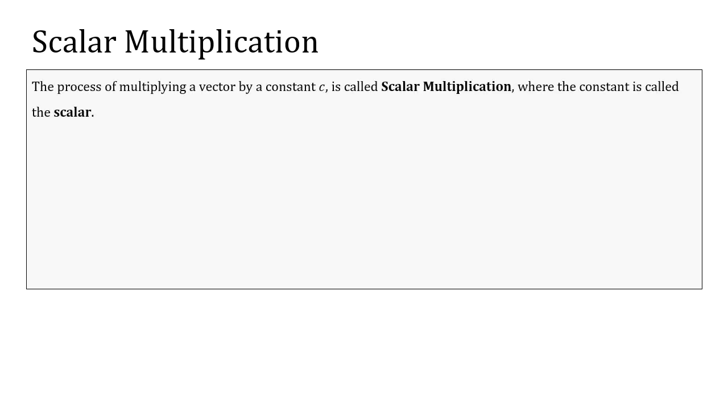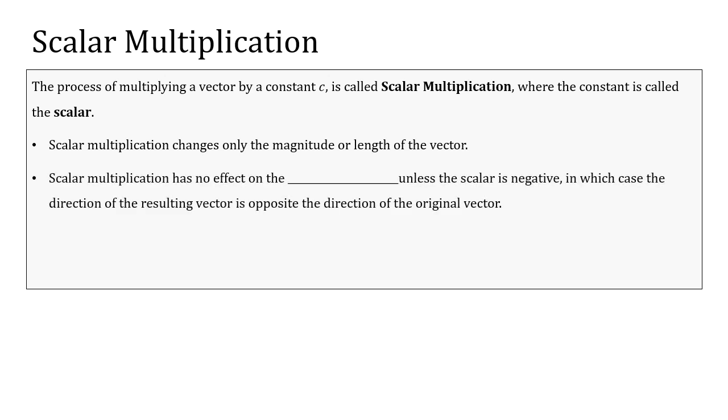So we looked at addition and we looked at subtraction. Now let's look at multiplication. The process of multiplying a vector by a constant c is called scalar multiplication, where that constant is called a scalar. Scalar multiplication changes only the magnitude or the length of the vector.